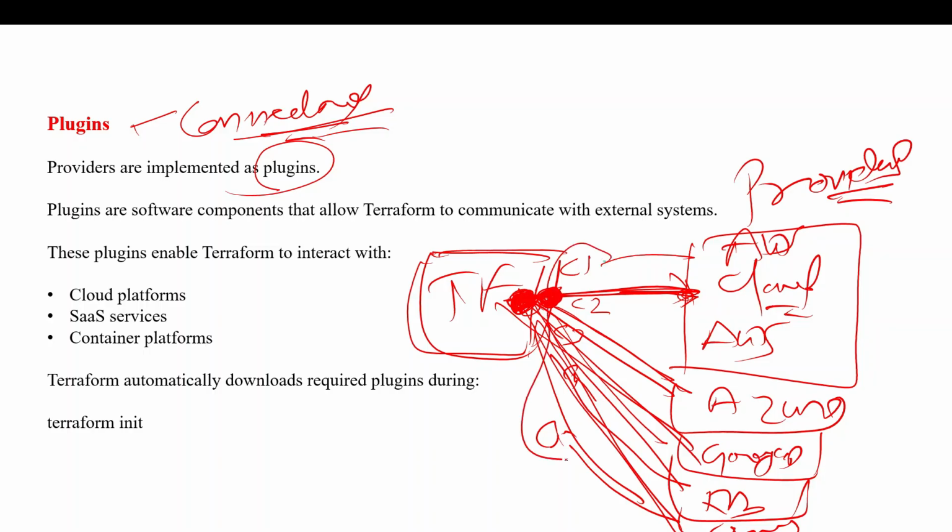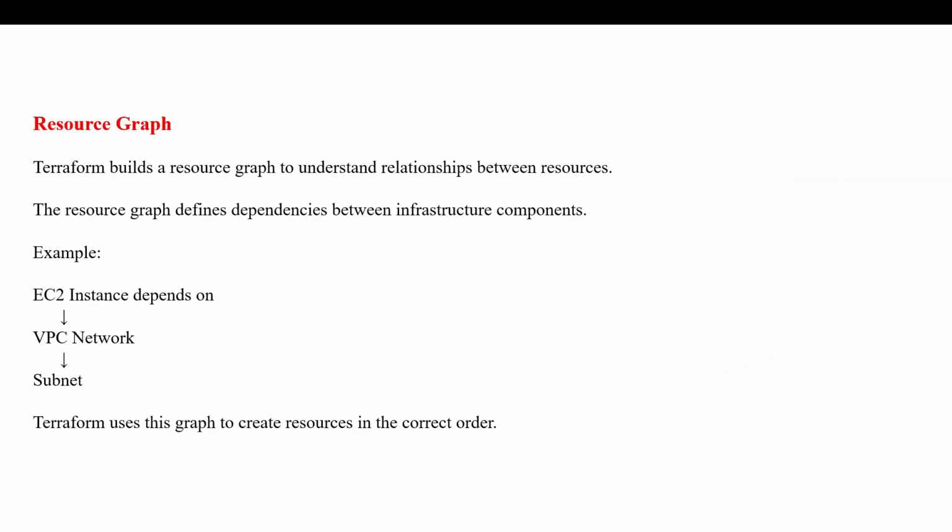So these connectors allow connectivity with the different cloud service providers. Again, you don't need to worry about the connectors. When we configure Terraform, we have to initialize it, and when we initialize Terraform, these connectors will automatically get downloaded. This will be covered in detail during the executions as well.